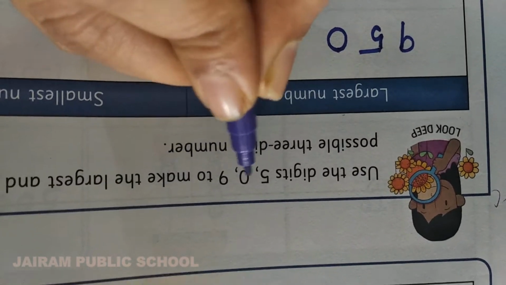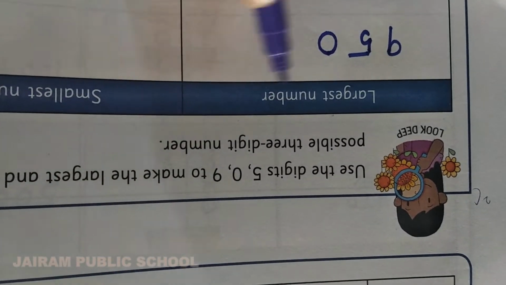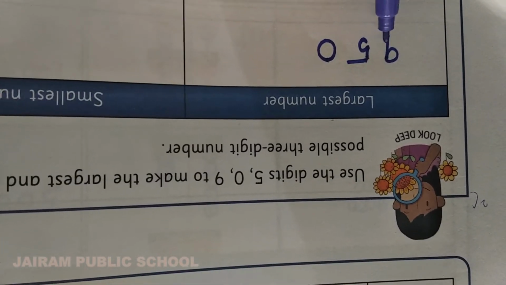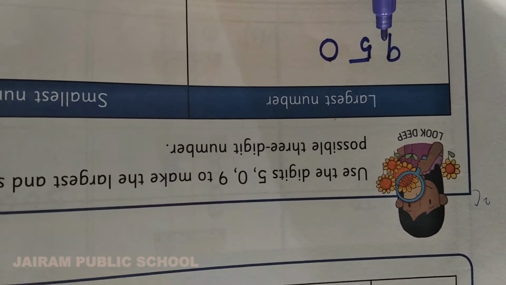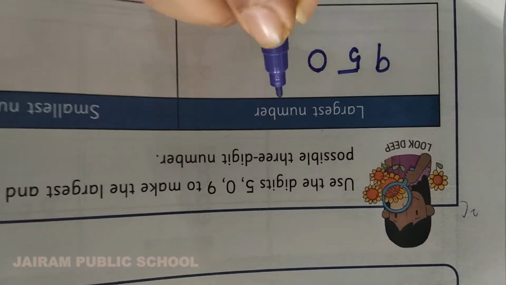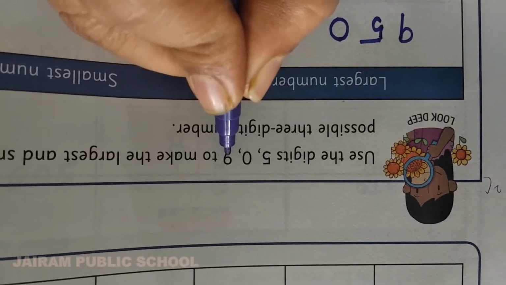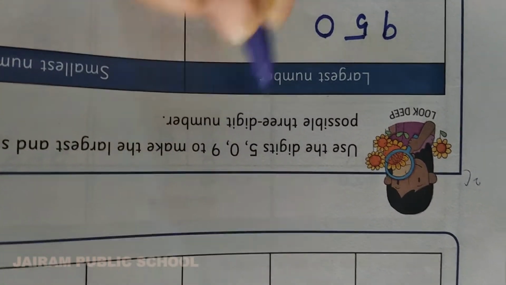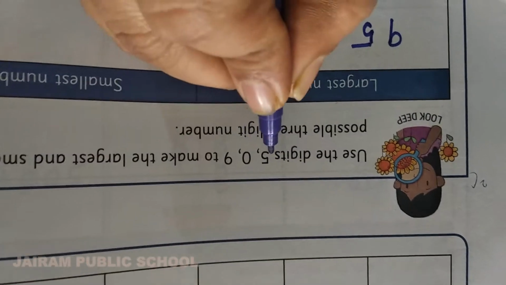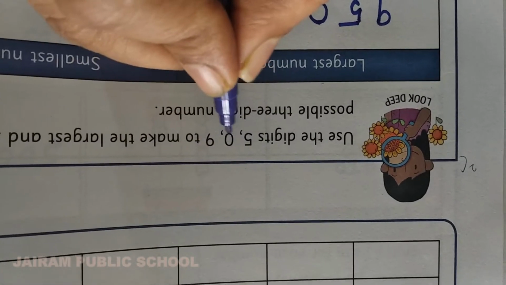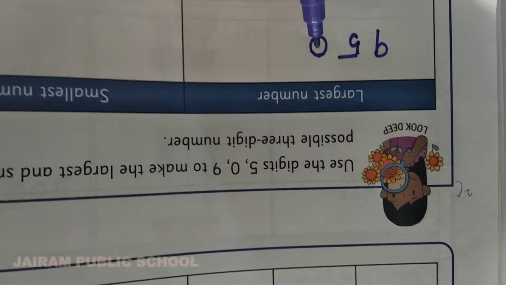But while you are writing the largest and the smallest number, you should not put commas. You just want to write the greatest number first. Among these 3 numbers, 9 is the greatest, that you want to write first. After that, 5 is the greatest number that you want to write, and 0 is the smallest one that you want to write last.